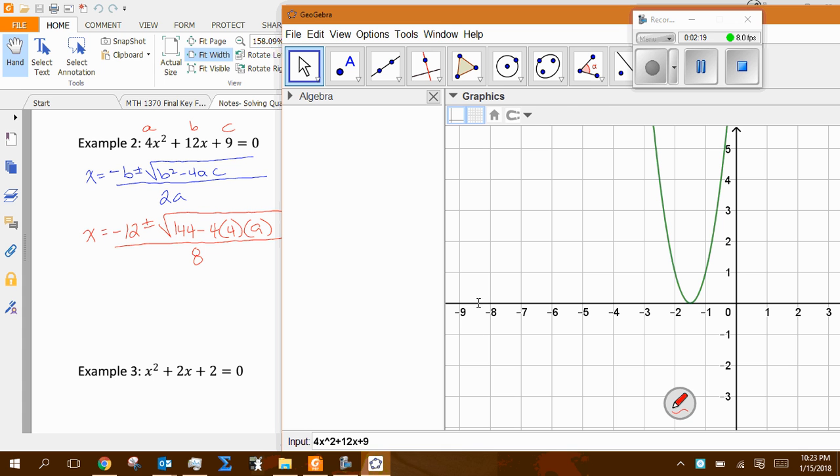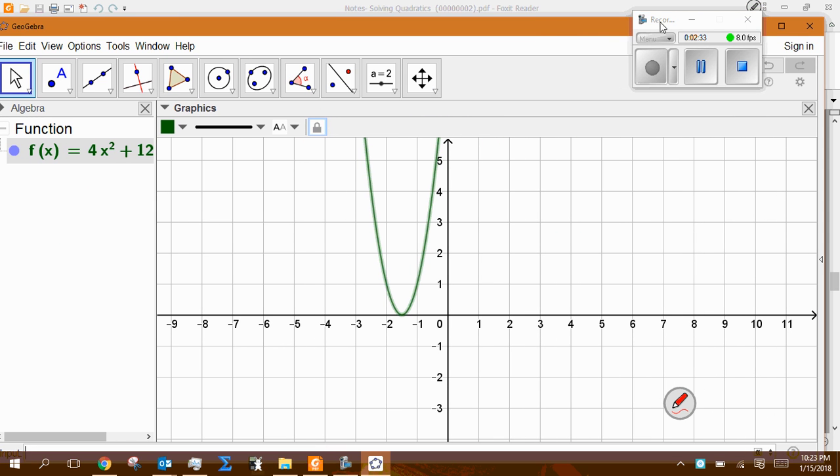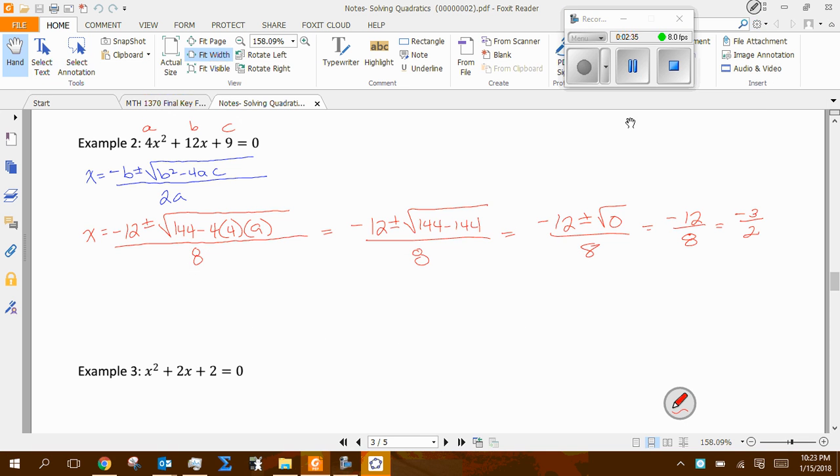Okay, so you're seeing where it is equal to 0, that's where it crosses the x-axis, and we're seeing that it's crossing there at negative 3 halves, negative 1.5 if you prefer it that way. What that tells me, because the discriminant was 0, or even if the discriminant was like a perfect square, 0 is ultimately a perfect square if you think about it.